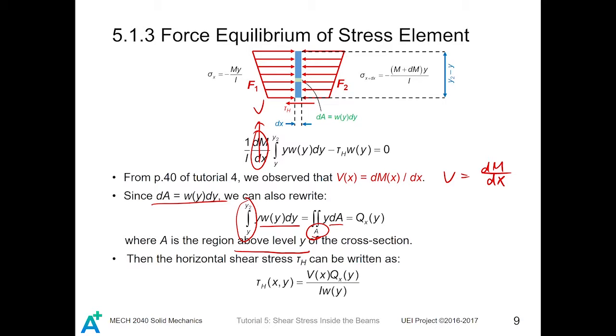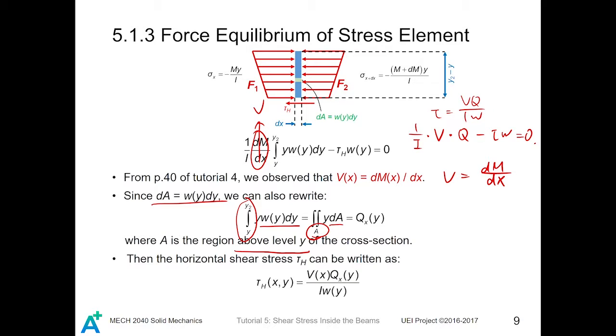You may see those things later. Now this equation becomes 1 divided by I times V times Q minus tau w equals 0. Then we can rewrite this equation as tau equals VQ divided by Iw.